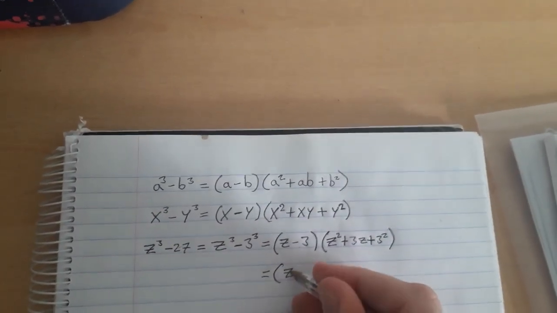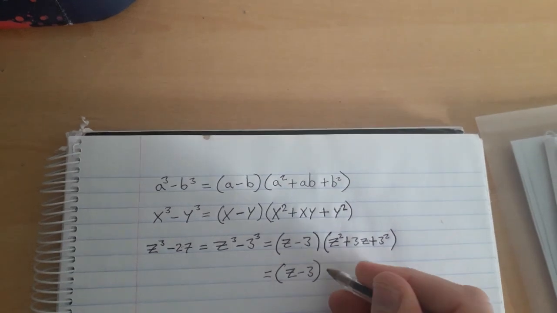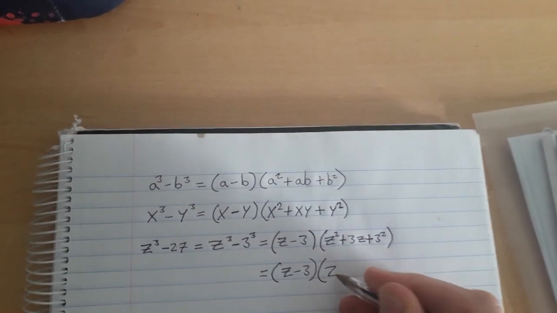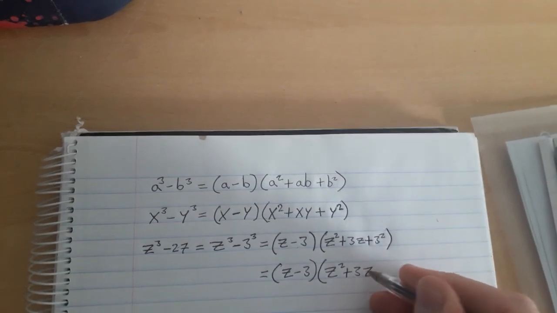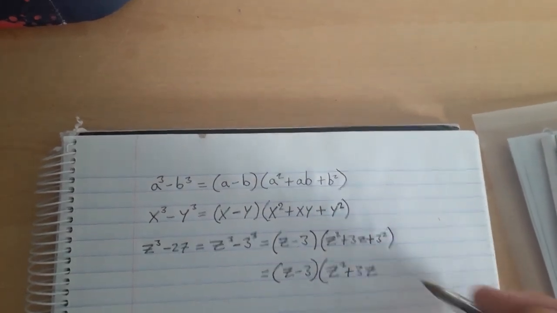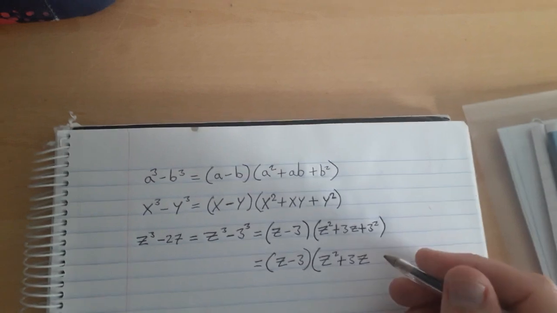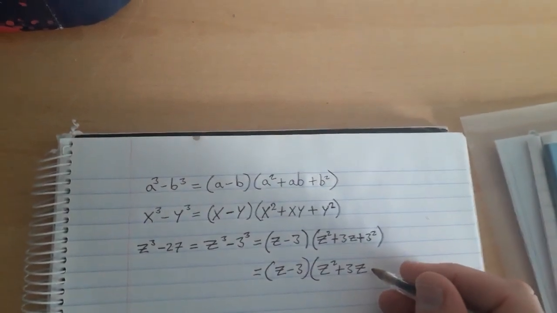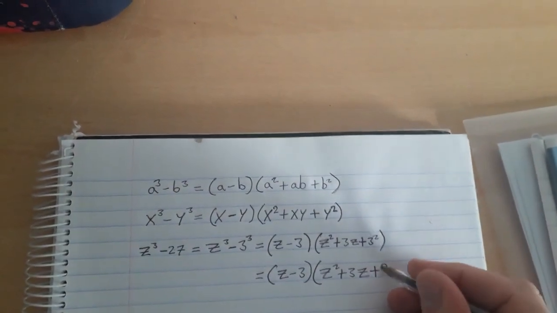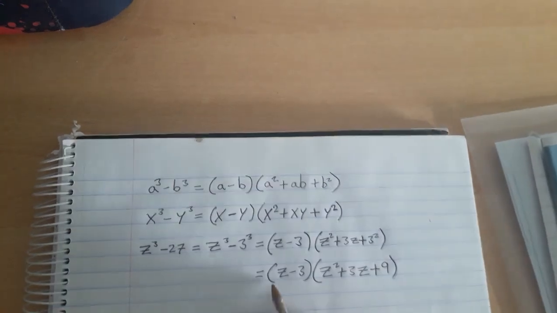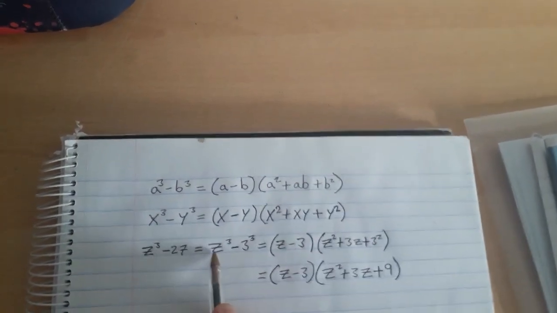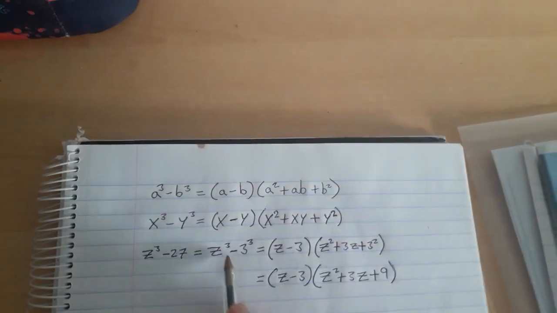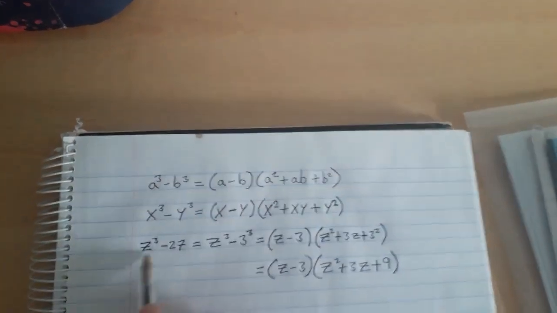So z minus 3 times z squared plus 3z, and then instead of leaving this as 3 squared, because we can square 3, we know it's 3 multiplied by 3, which is 9. And now we've got our factors of this, which is equivalent to z cubed minus 27, so they are the factors of that also.